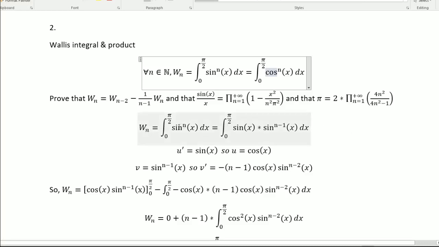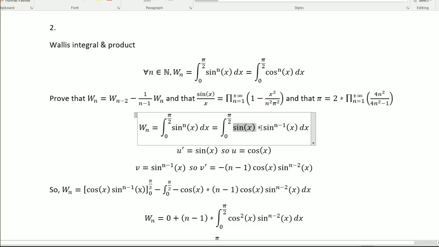So we take that and we notice that sine to the power n equals sine times sine to the power n minus 1, obviously. So we'll do an integration by parts. We state that u prime equals sine x, so u equals minus cosine. v equals sine to the power n minus 1, so v prime equals (n minus 1) times cosine times sine to the power n minus 2.